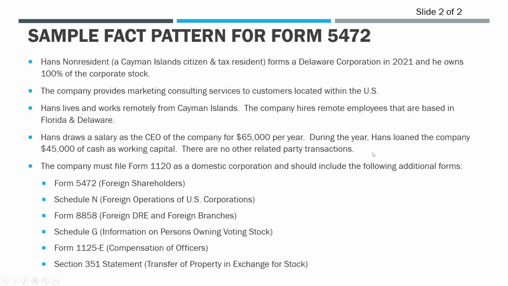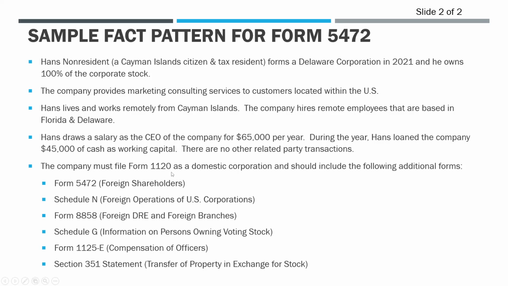And then during the year, in addition to the capital contribution he made for the stock, he also loaned the company some additional cash, right? He loaned $45,000. And then outside of that, there's going to be no other related party transactions. And so we'll see on the return where we report these specific numbers.